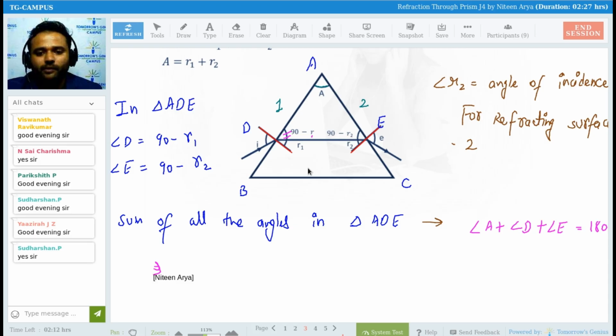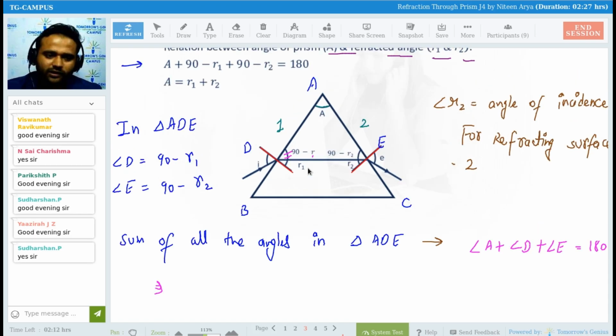Angle A is given prior to any particular numerical. In general, it is 60 degrees. Clear? If it is not an equilateral triangle, where all sides are equal and all angles are equal, you cannot say it is 60 degrees. It is mentioned in that particular question.